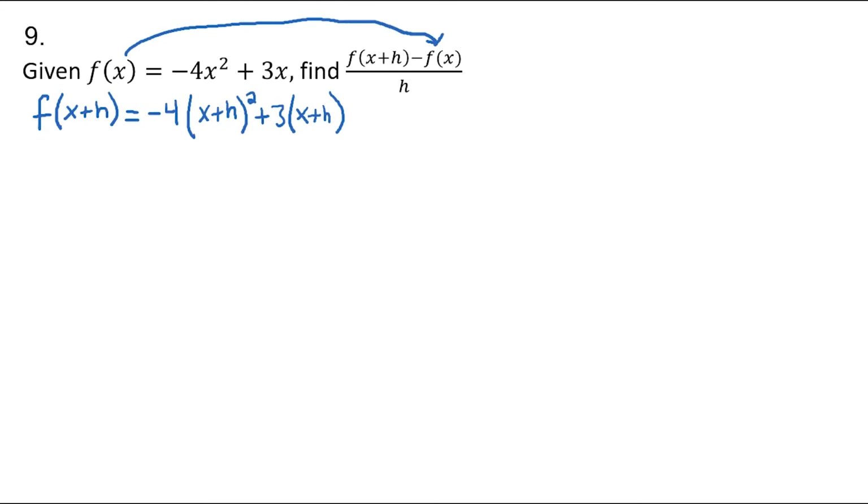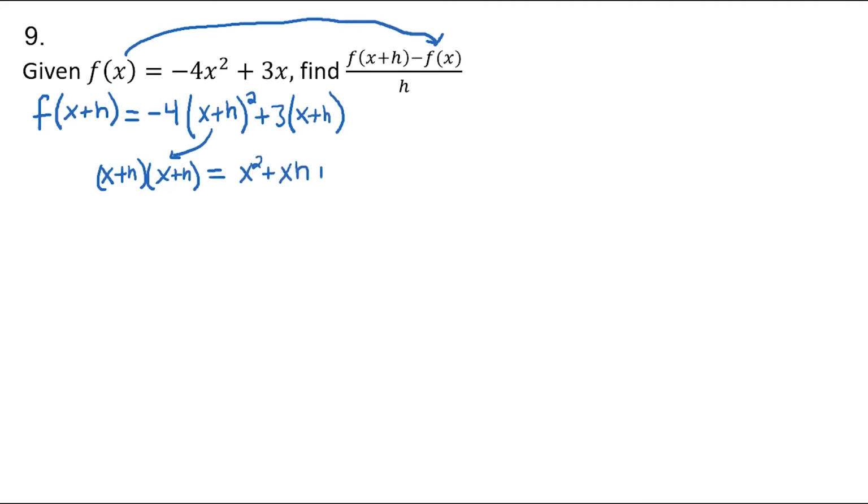So the first thing we want to do is find out what x plus h squared is, and that is just x plus h times x plus h. That is going to be equal to x squared plus x times h.